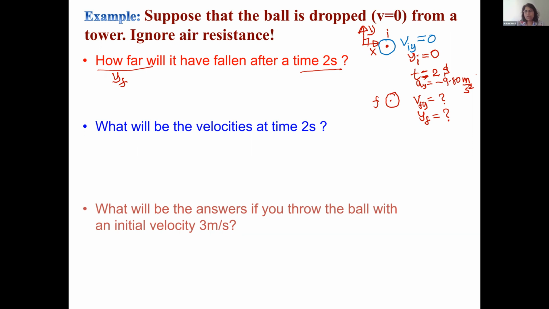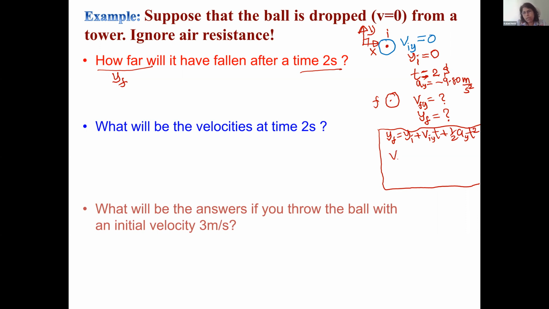So now I'm going to write down these 3 equations. You don't have to write down all equations always, but since I need to go back and forth, I'm going to write the 3 equations in here. Y final equals Y initial plus V initial Y direction time plus half acceleration Y direction time power 2.